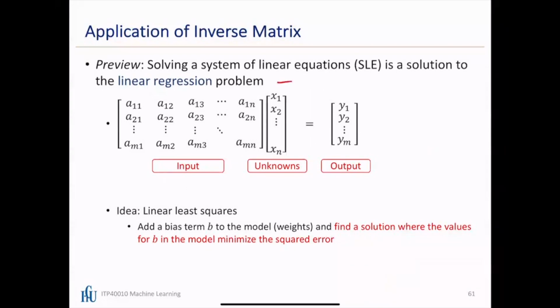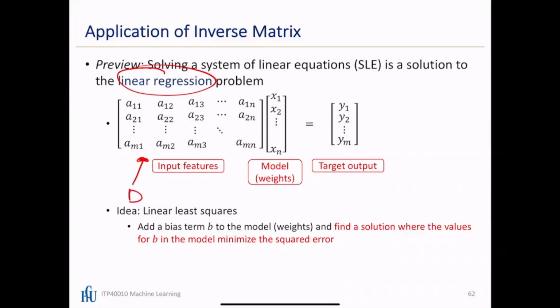So this is what I just mentioned. Just take a look. When we talk about linear regression or logistic regression, the coefficient matrix becomes the data, and the unknowns become the weights of the model, or the model representation itself.